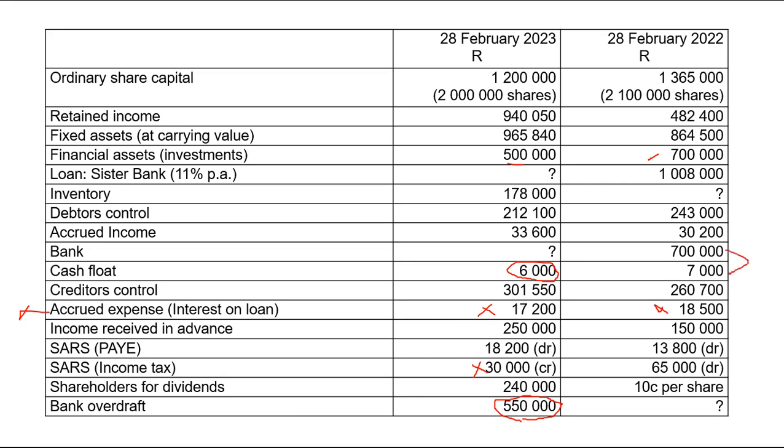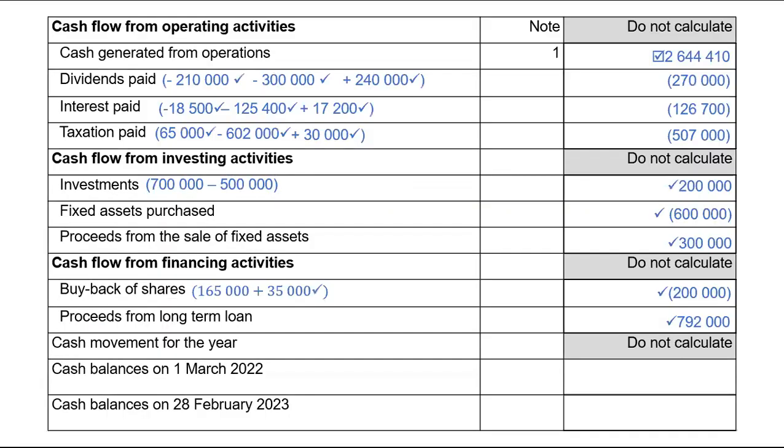So for last year, it was 707,000. For this year, it'll be negative. So you're going to take this 550,000 minus 6,000, right? And when you calculate your balances for cash and cash equivalents, at the beginning of the year, as I said, it will be 707,000. At the end of the year, it will be negative 550,000 plus 6,000. And your cash and cash equivalents from that will be 544,000.